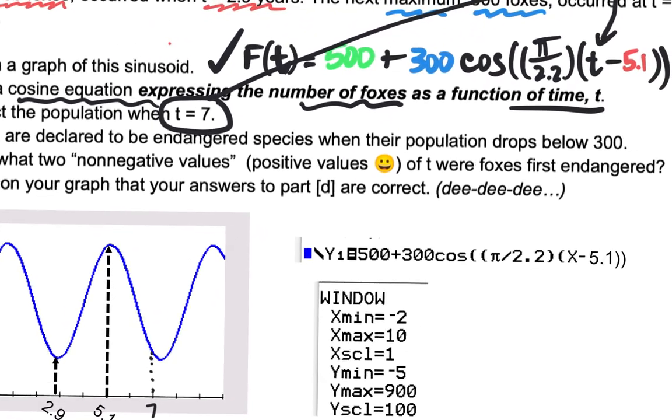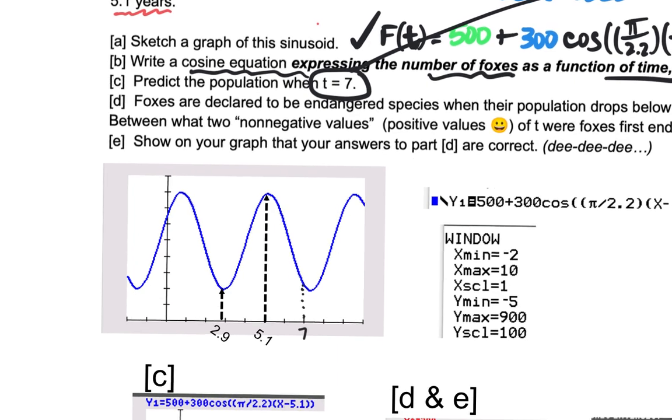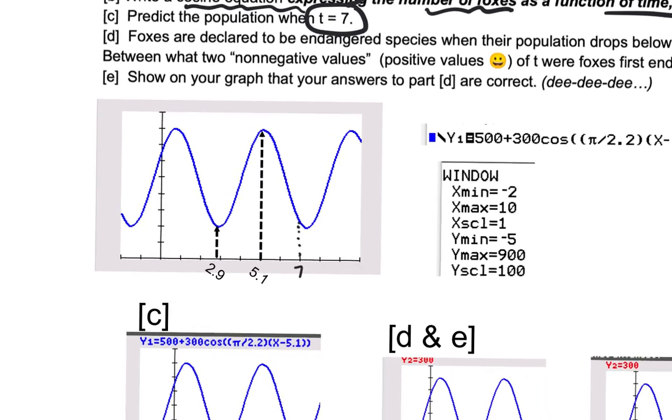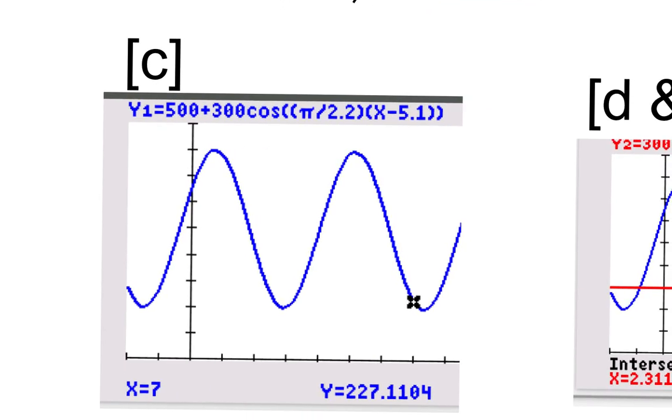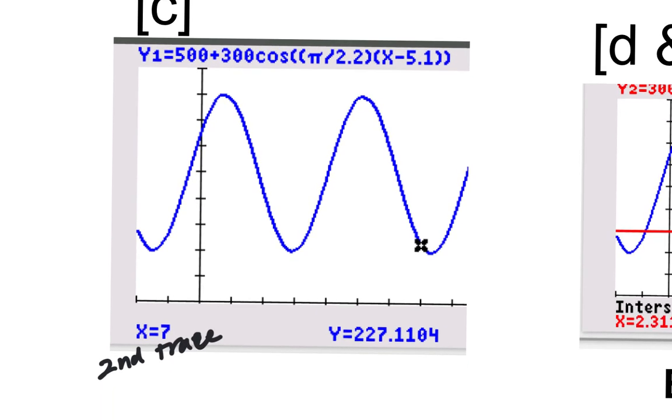Using this window, I hit second trace, and number 1 said value, and I hit enter on that, and then I plug the 7 in right there.